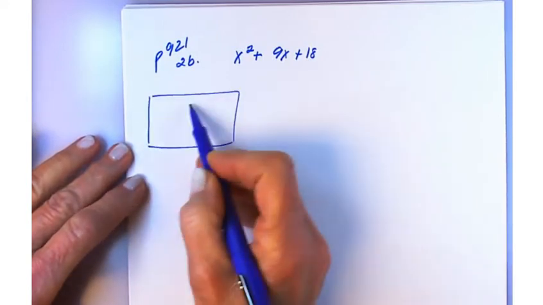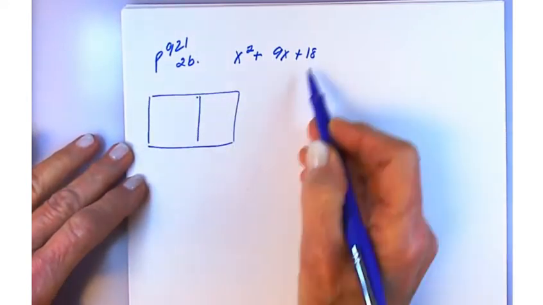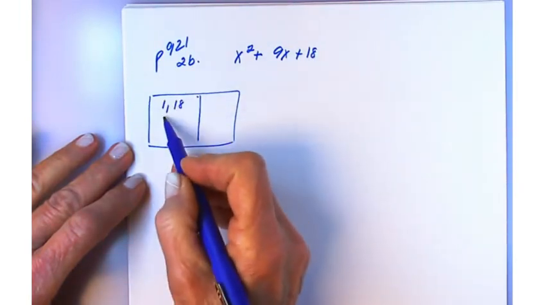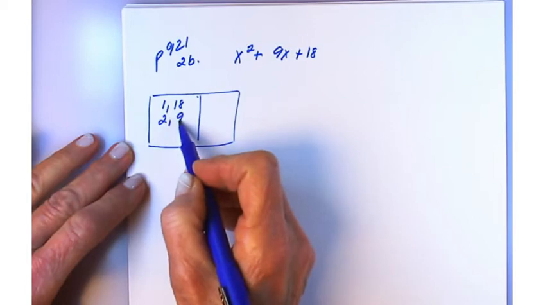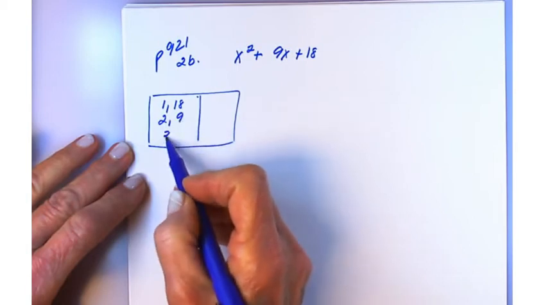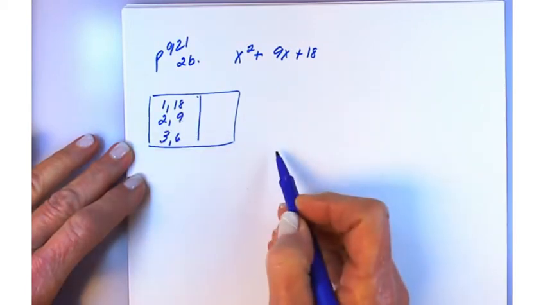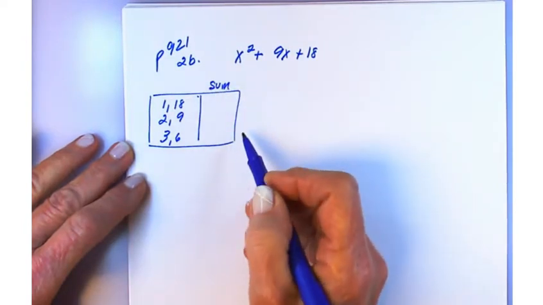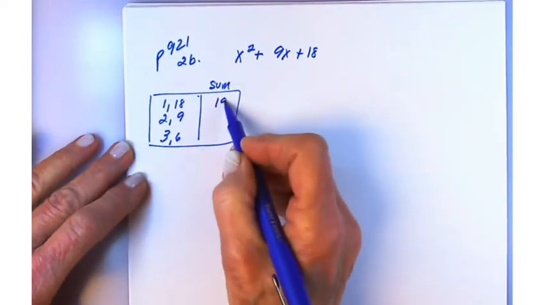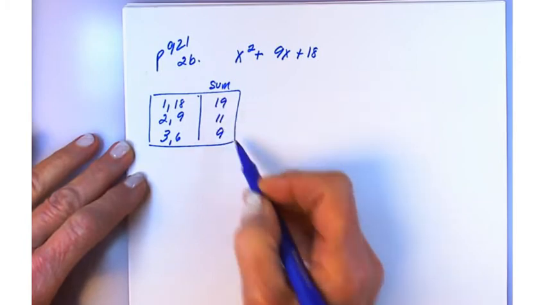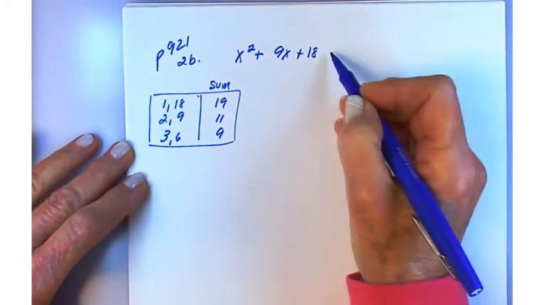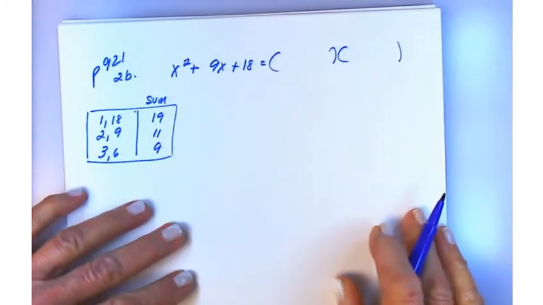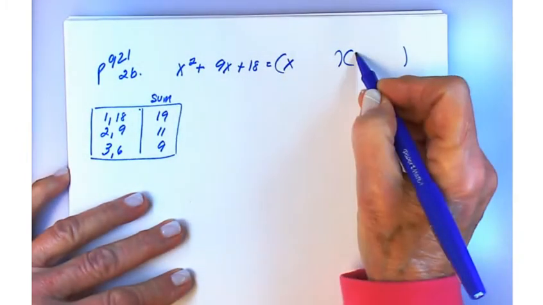So if we do the box, the factors of 18 are 1 and 18, 2 and 9, 3 and 6. Okay? The sums are 19, 11, and 9. Maybe that's easier for you. So we have an x and an x.